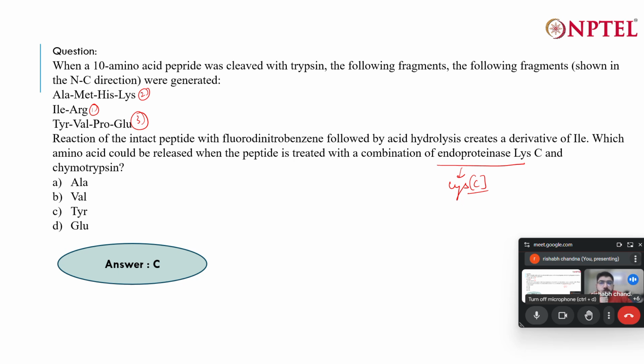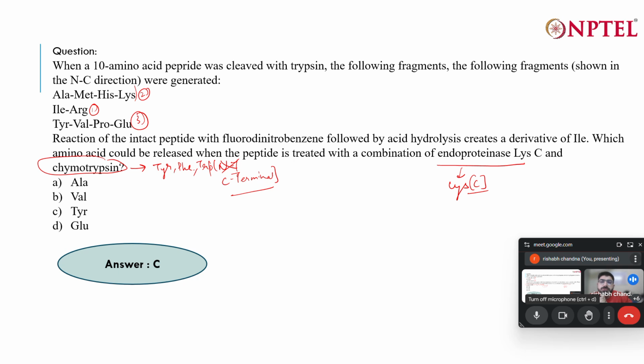After this, we cleave it with chymotrypsin. Chymotrypsin cleaves after tyrosine, phenylalanine, or tryptophan, the C terminal residue.